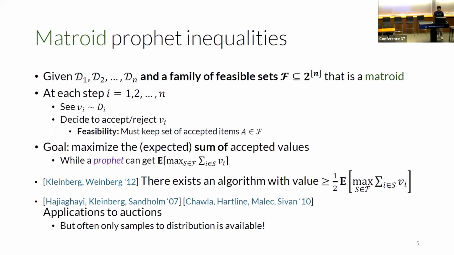This type of prophet inequality also has many applications to auctions and other mechanisms. But in these settings, often only samples from those value distributions are available.